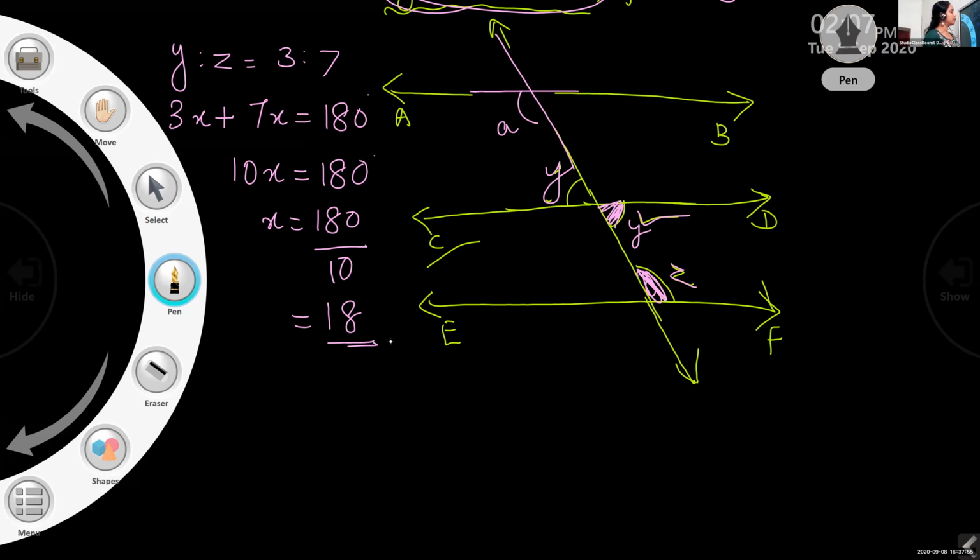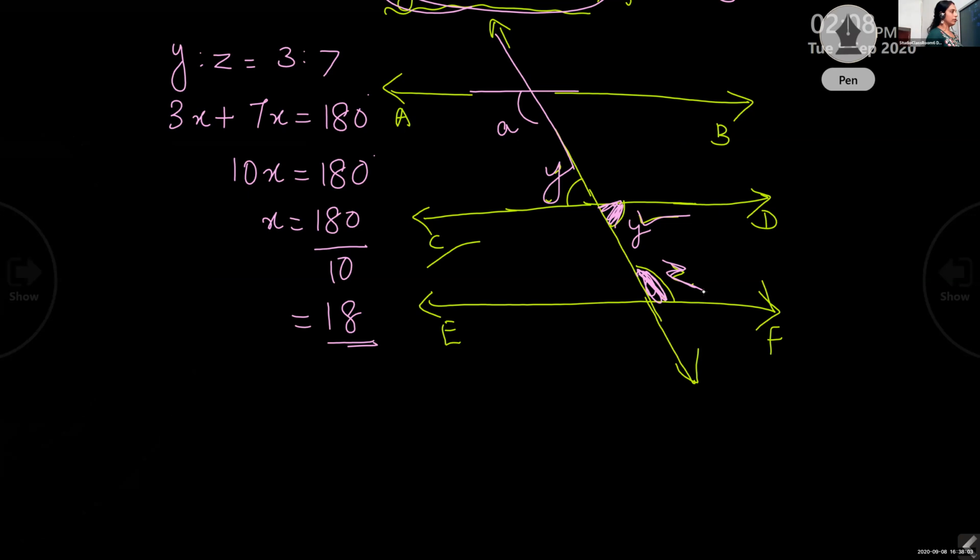Down. Z is this, no? Then A is on top left. See children, vertically opposite angles.